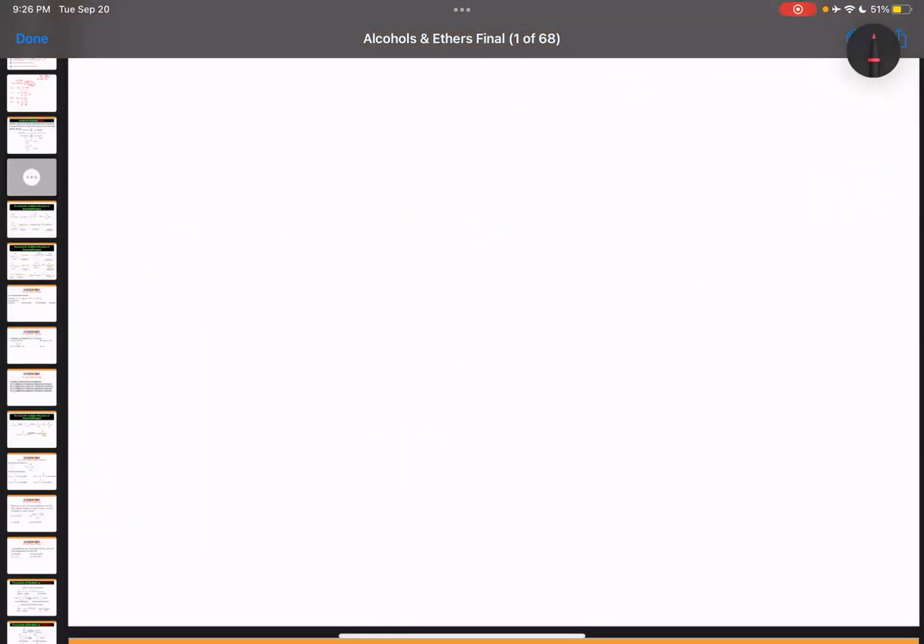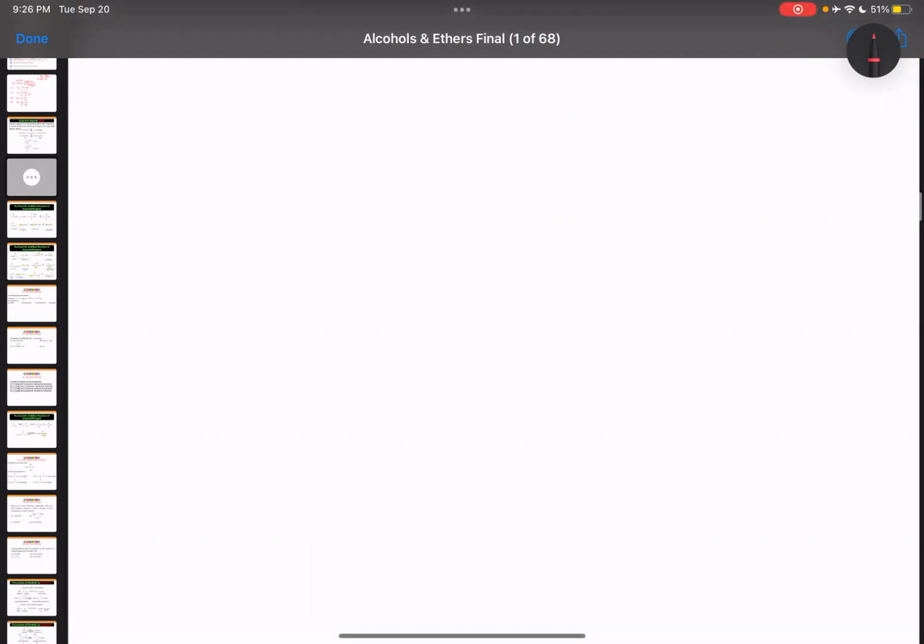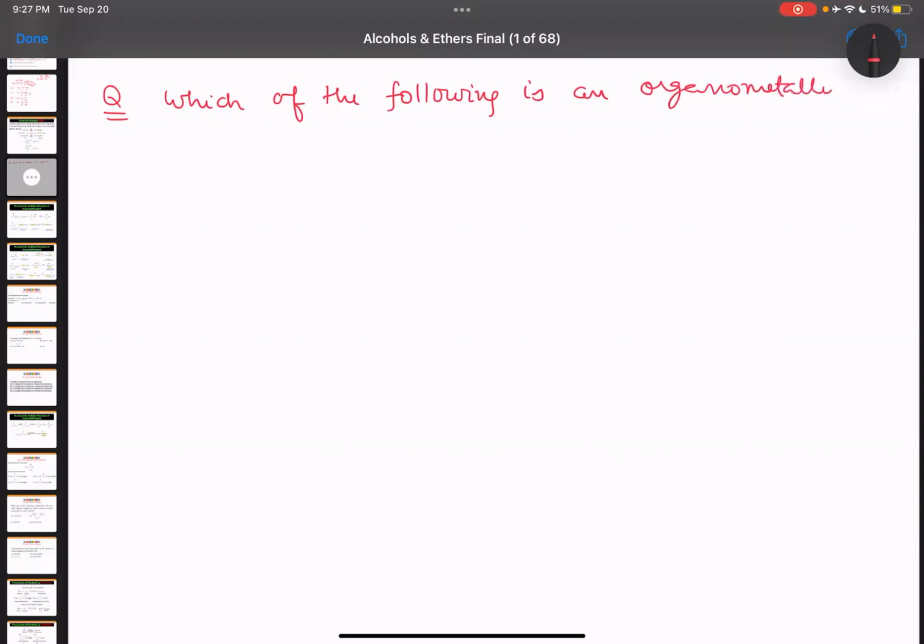Yeah, compounds containing carbon and metal bonds are organometallic compounds. So which of the following is an organometallic compound? More than one correct option.